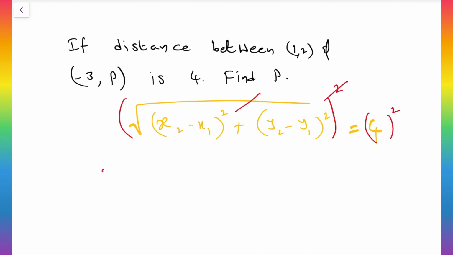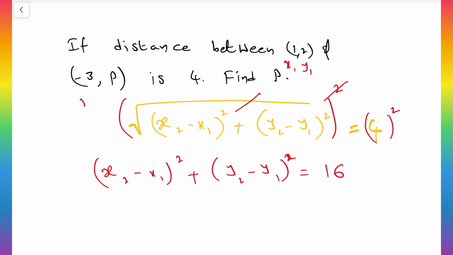Now finally we remain with x2 minus x1 whole square plus y2 minus y1 whole square is equal to 4 square, that is 16. So now let us substitute. This is x1 y1 and this will become x2 y2. So here x2 is minus 3 minus x1 is 1 whole square plus y2 is p minus y1 is 2 whole square, that is equal to 16.